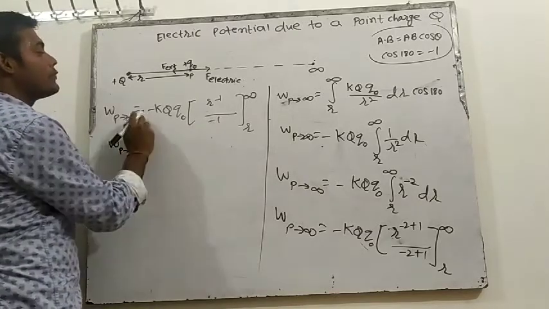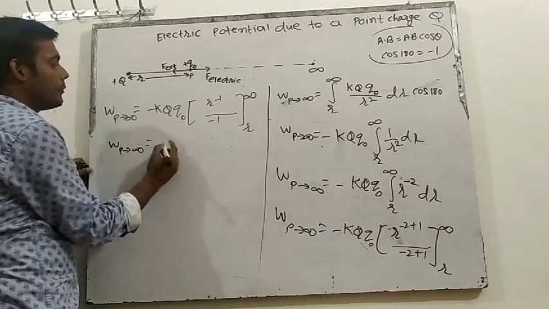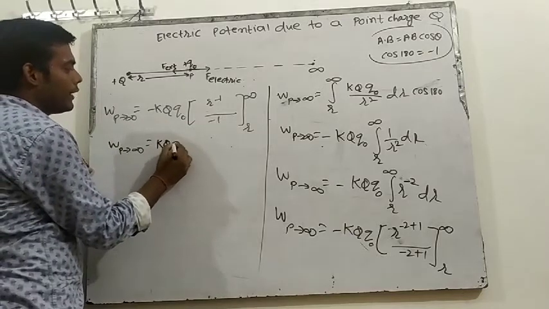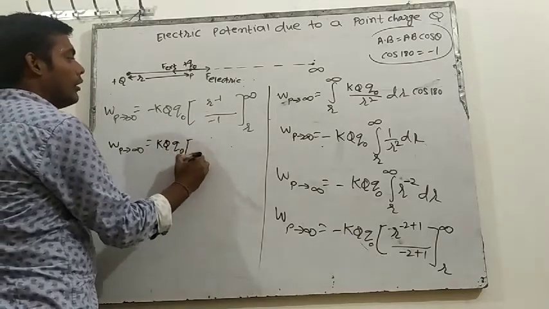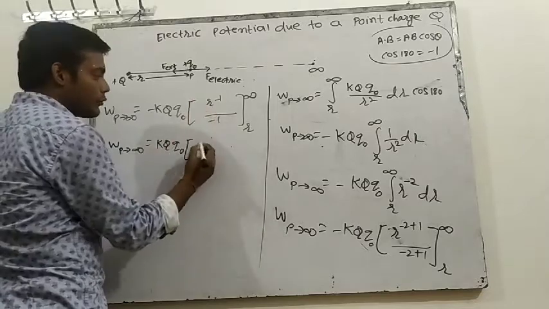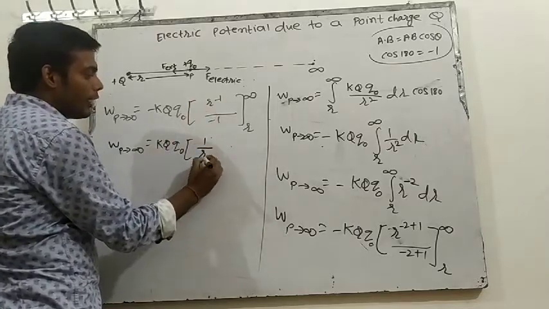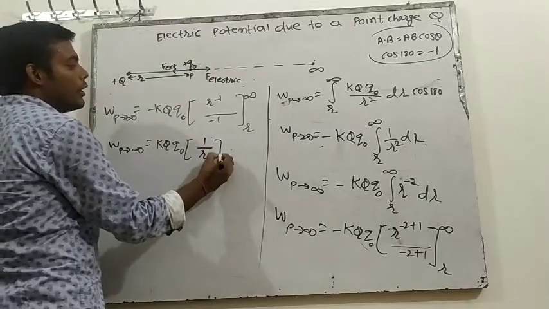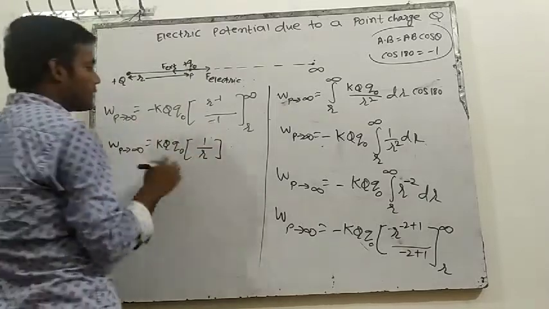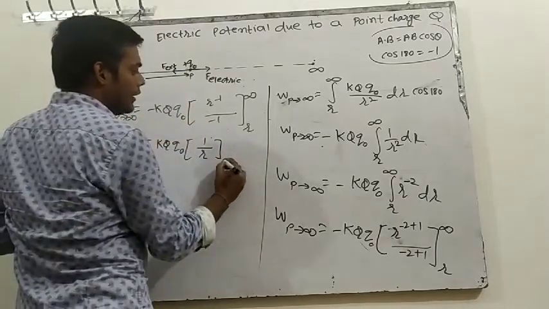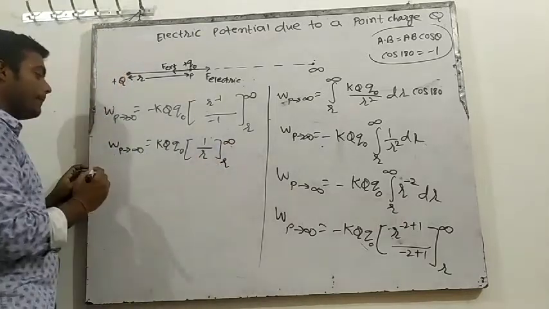If I take this minus 1 outside, minus into minus will be plus, so this will be K Q Q naught, and this is r to the power minus 1. Can we write that 1 by r to the power minus 1 means 1 by r, and this minus 1 comes outside, so minus into minus is plus. It will go from r to infinity.